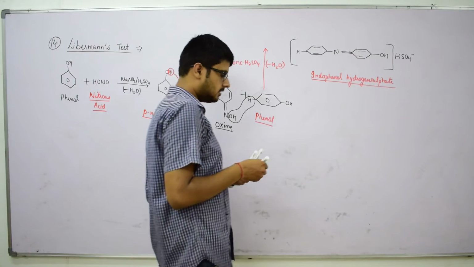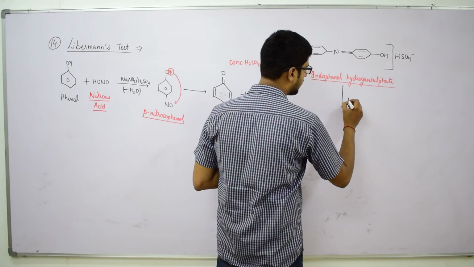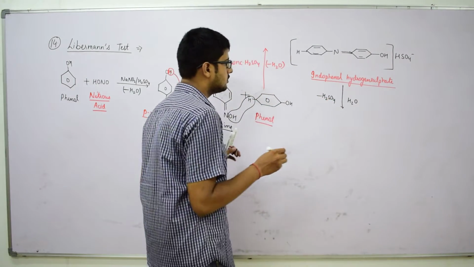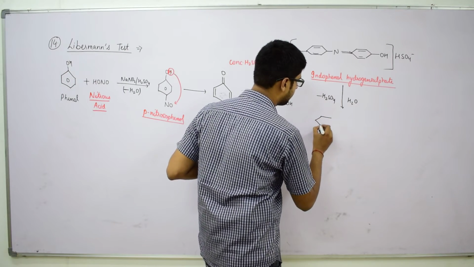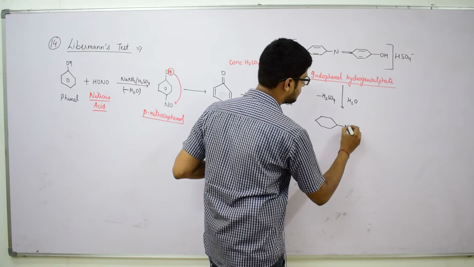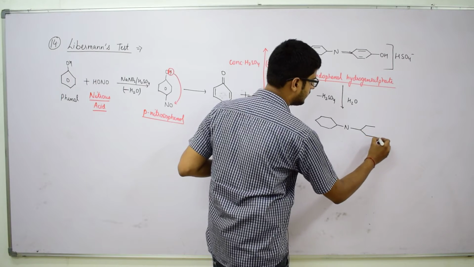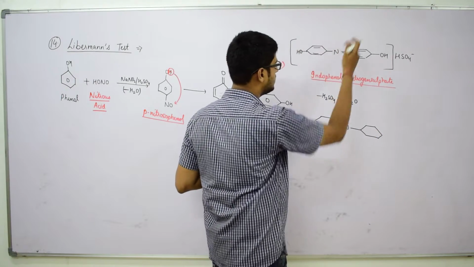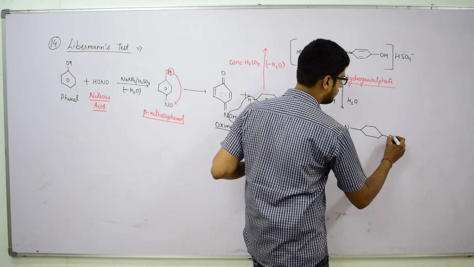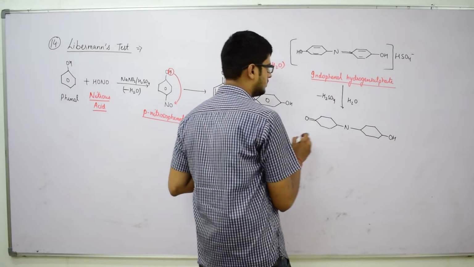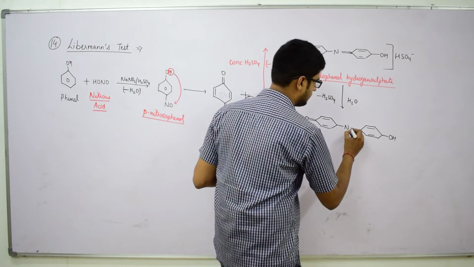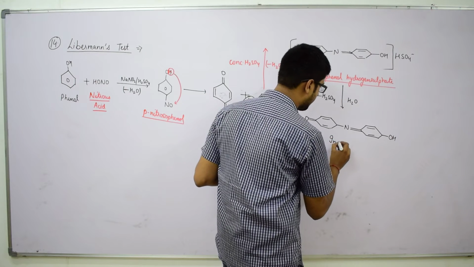In the next step, this indophenol hydrogen sulfate is treated with water, then the sulfuric acid molecule is eliminated. So, what will happen? Nitrogen, phenyl ring, hydrogen will be eliminated from here. So, double bond oxygen, and here it will be OH, again double bond, double bond. So, this is indophenol.